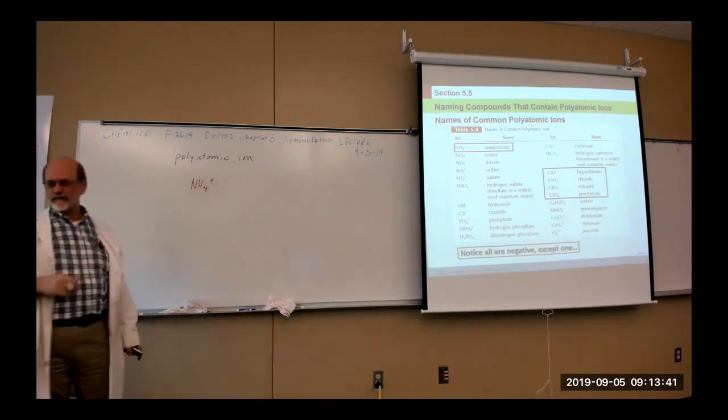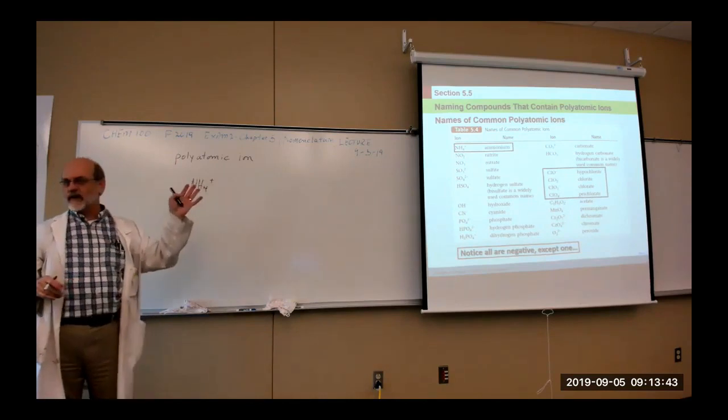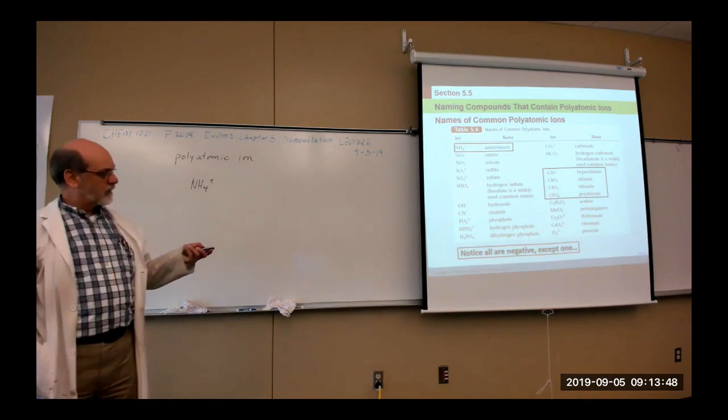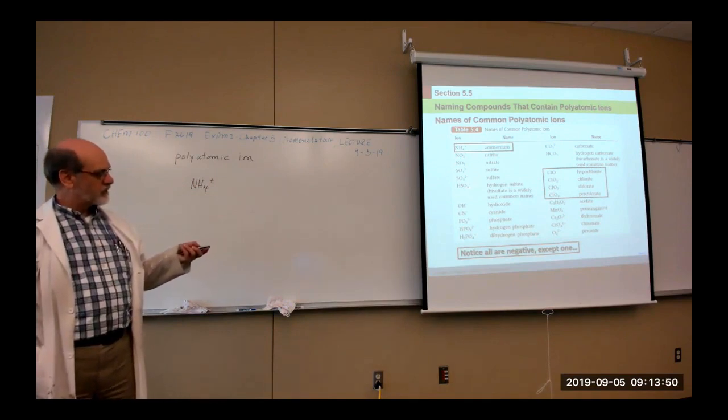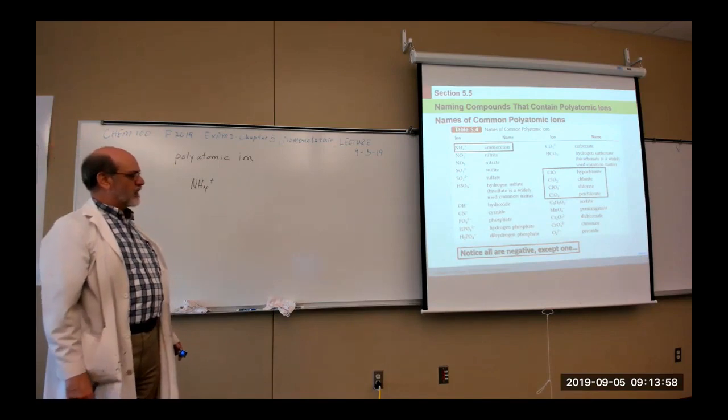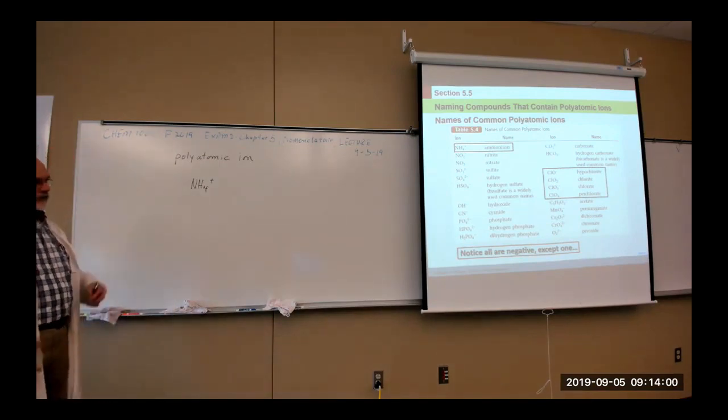Behaves as a unit. All the rest of them are negative charges. Either a -1 or a 2 minus. There's a 3 minus. I don't think they go any higher than that. Yeah, -1, -2, -3 is the highest one.